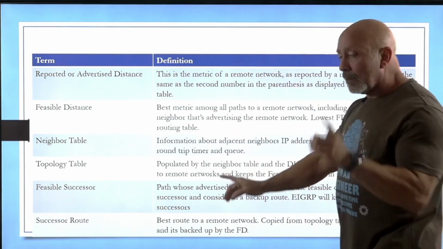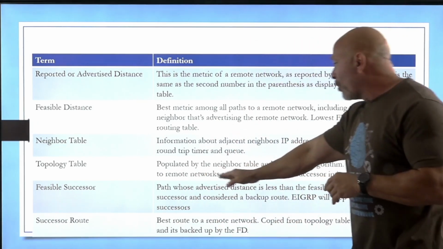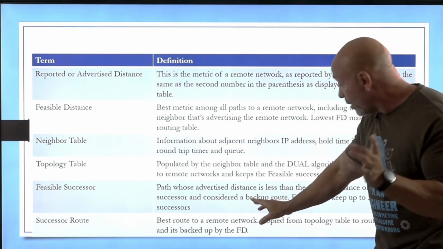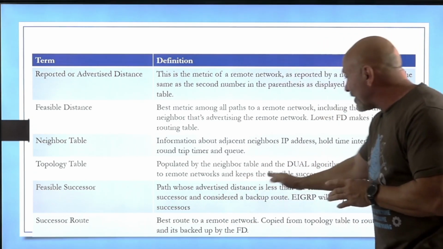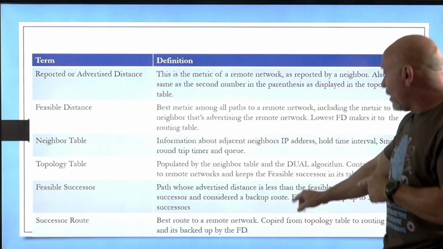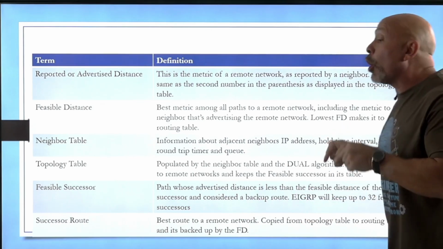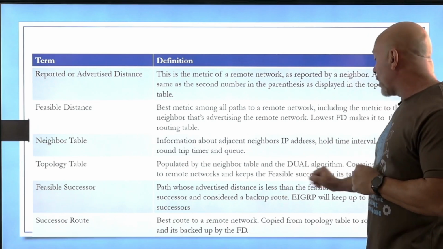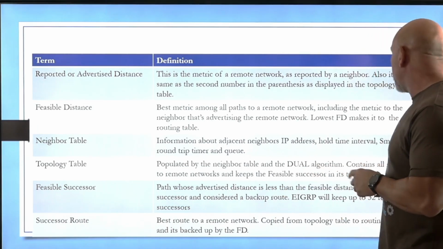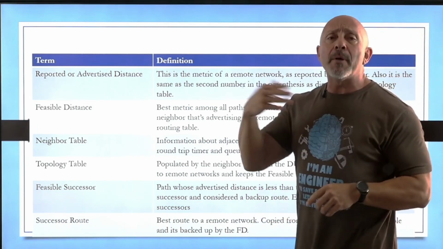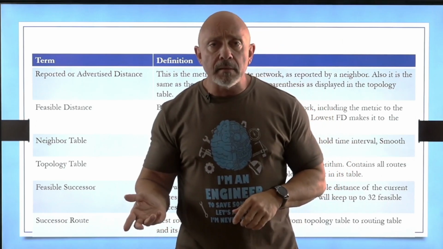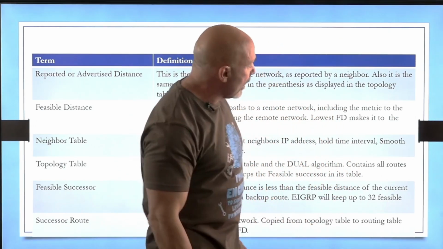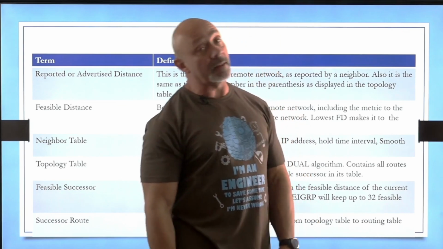Now, I want to read this verbatim, because this could be a question, I don't know. Path whose advertised distance is less than the feasible distance of the current successor and considered a backup route. EIGRP can keep up to 32 feasible successors and probably more. It can hold a lot more now with the newer IOSs, but 32 feasible successors, I think that's quite a bit.